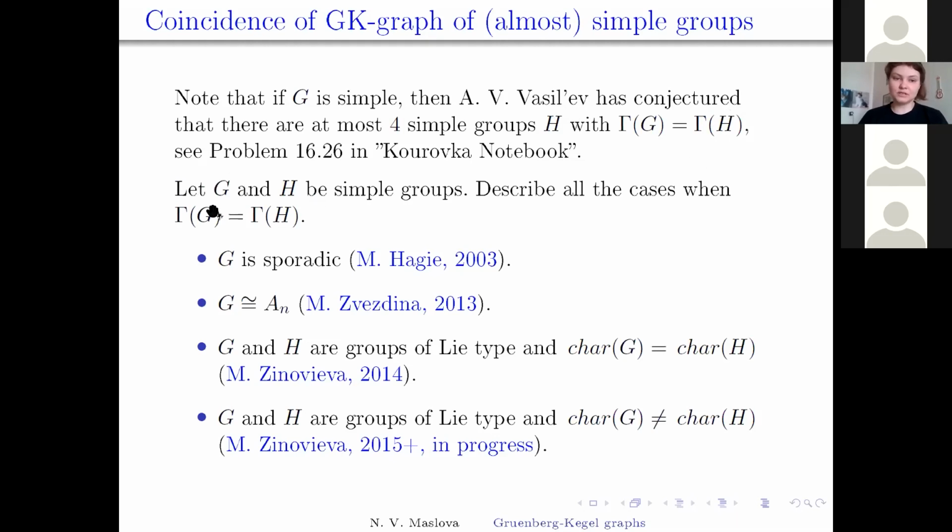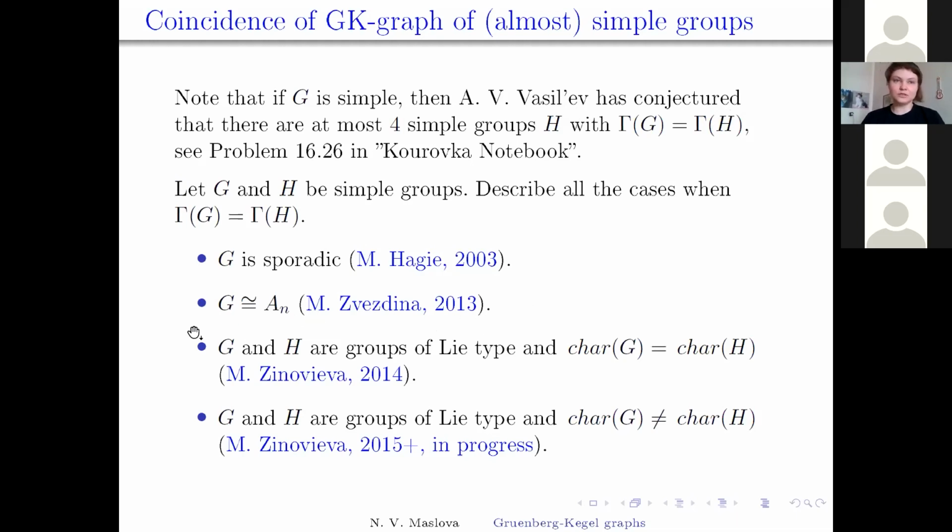If G is a sporadic group, then Mina Hagie described all the possibilities for groups with the same Gruenberg-Kegel graphs as sporadic groups. And then Maria Zvezdina has ruled out the case where the group G is an alternating group.